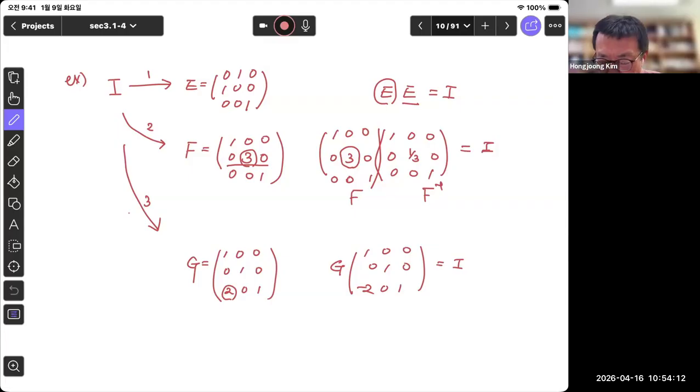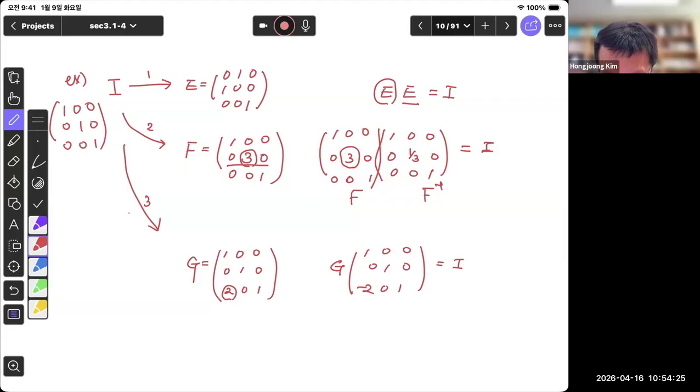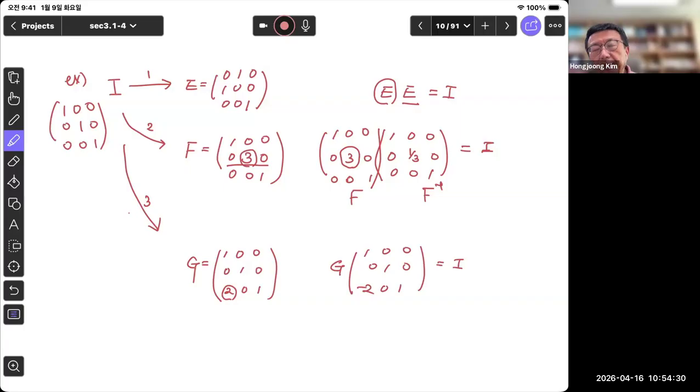In case of the identity matrix, I have 1 0 0, 0 1 0, 0 0 1. In case of E, I have this one. In the identity matrix, I had ones only on the main diagonal, and all the off-diagonal entries were zeros.